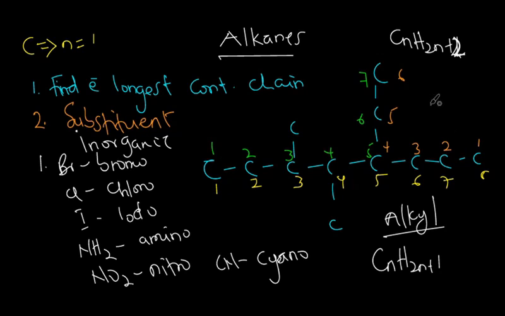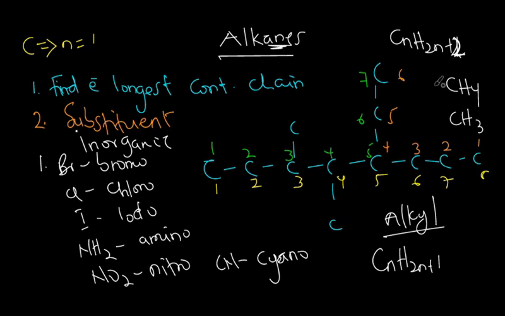So we have the alkane. The first alkane we have is CH4, which is called methane. The alkyl part of this will be CH3. It will lose one hydrogen. Because this one is called methane and it's an alkane, the one losing one hydrogen is an alkyl group.